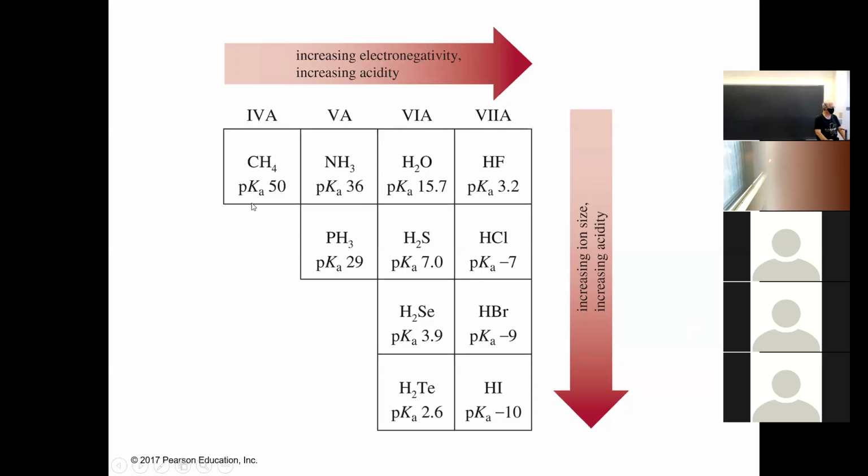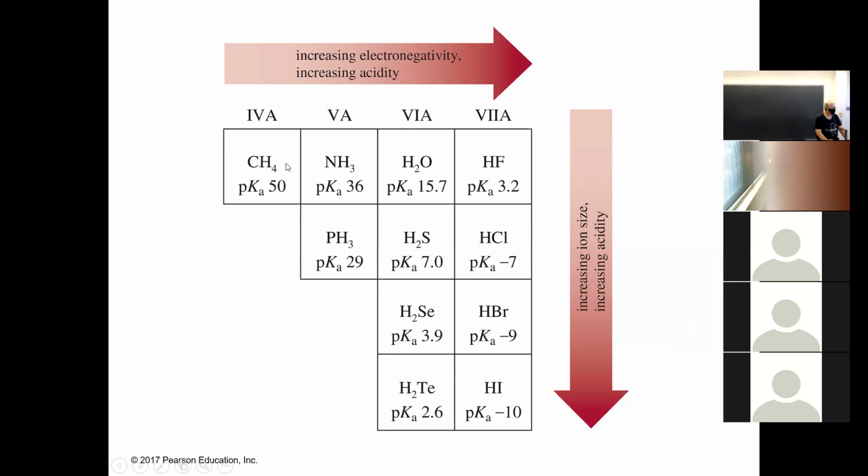So this shows some different pKa values. Note here that HF is actually a weak acid. Its pKa is 3.2. These are all strong acids. They have large negative pKa's.